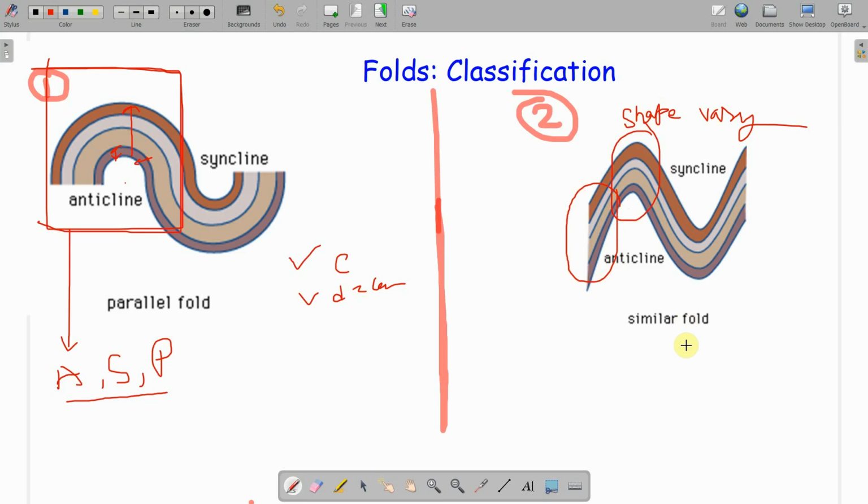In the hinge area the bed will be thicker, and thinner throughout the limbs. For this there must be a considerable plastic movement of material away from the limbs. The plastic material will be moving from this portion and depositing at this point.